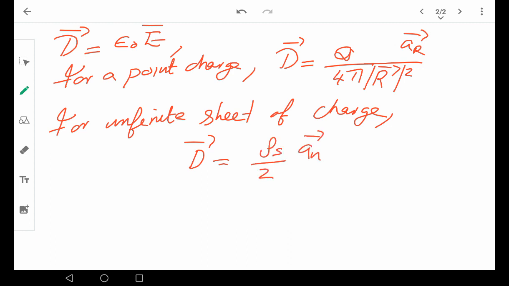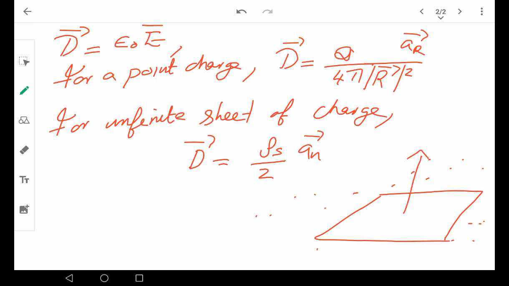You have the infinite sheet, extending to infinity, and an is a unit vector in the direction perpendicular to that infinite sheet of charge. The sheet has a surface charge density of rho s coulombs per meter squared. So the direction of D is the same as the direction of the unit vector an. Both have the same direction.